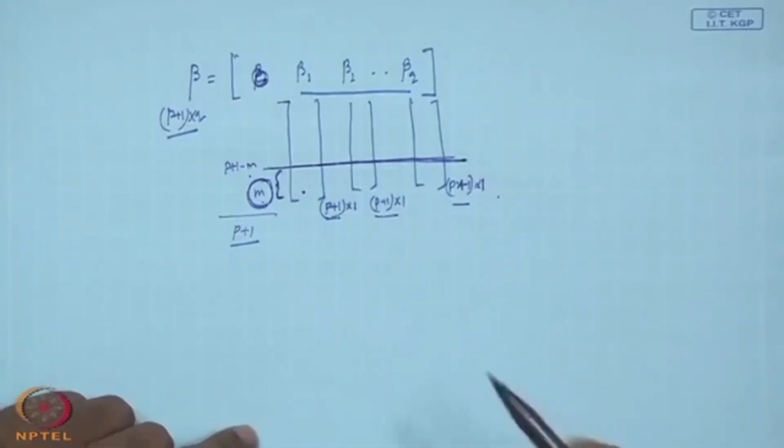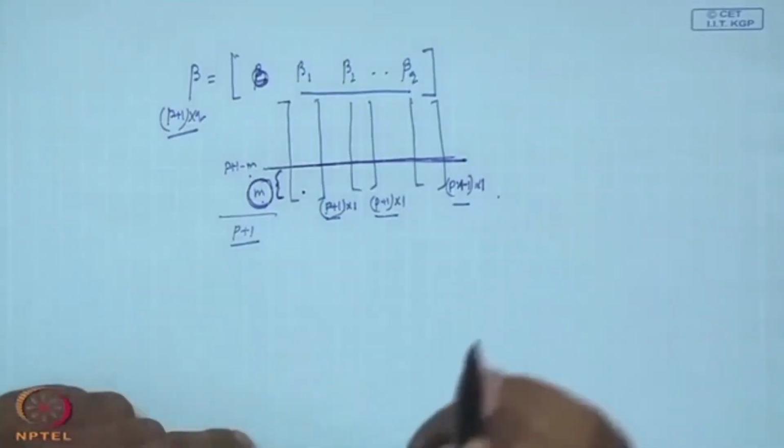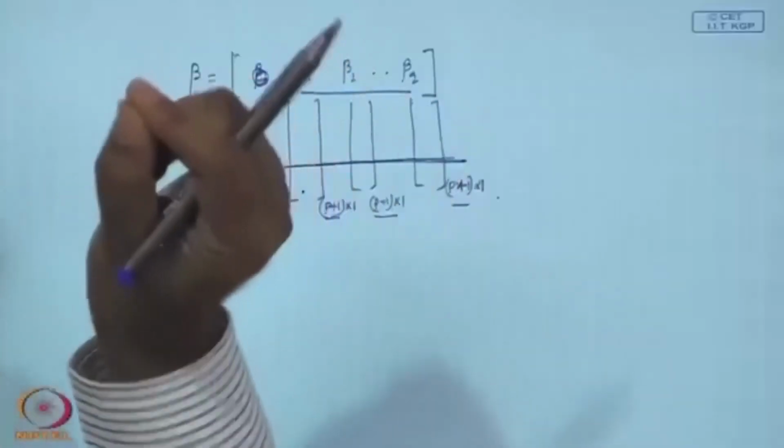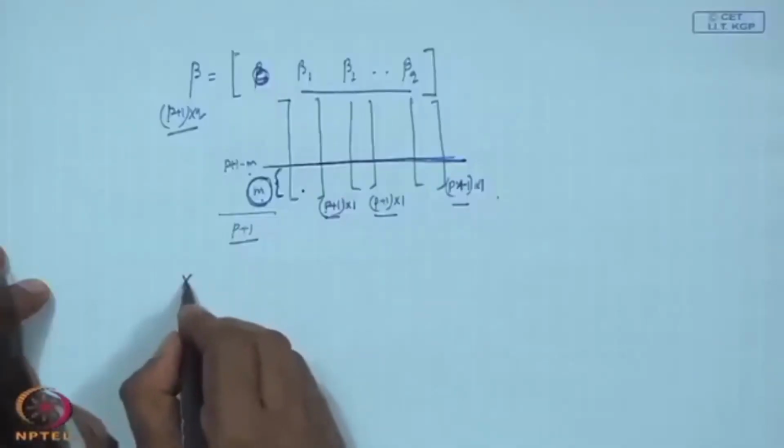Instead of writing that a particular beta k or beta j variable is not contributing, you are simply saying that a subset of variables is not contributing. Getting me?